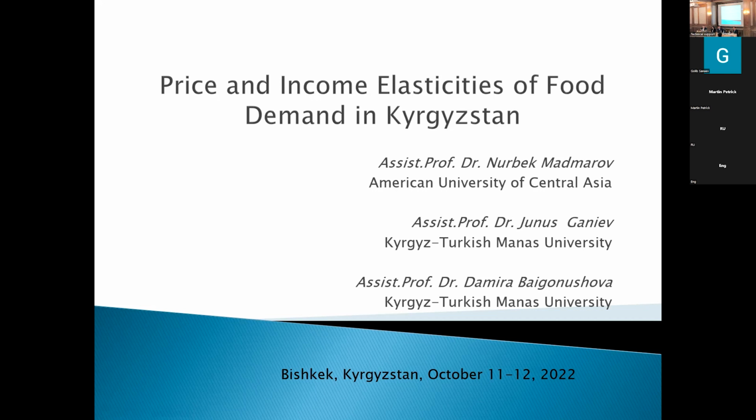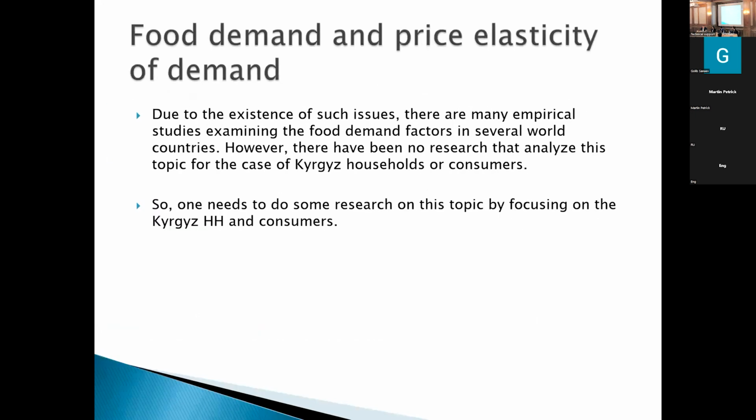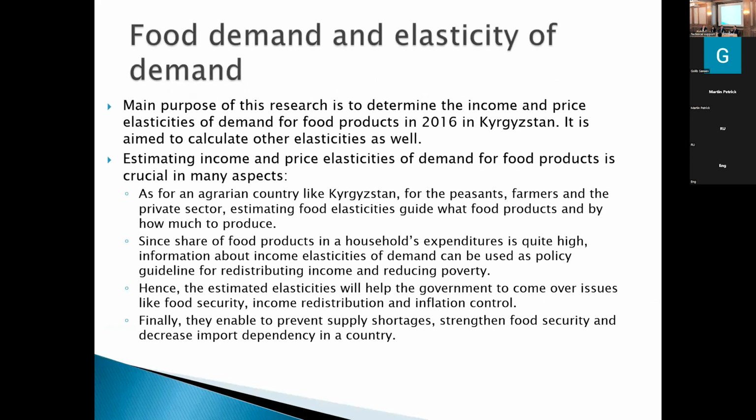My topic is the price and income elasticities of demand in Kyrgyzstan, and why this topic is important: when we find the food elasticities, income and price, it is especially important for knowing what food products to produce and by how much.